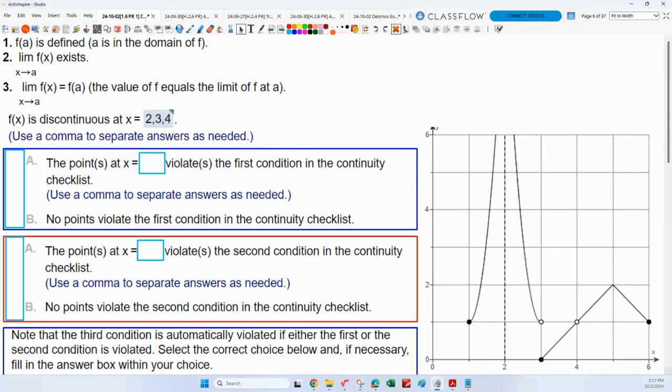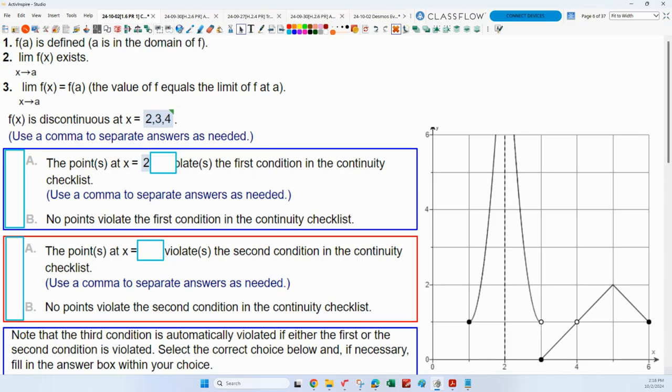Okay, now, they want you to determine, of those 3 discontinuities, the points at x equals which values violate the first condition. The first condition is the function is defined. So in other words, we need to know where is the function undefined. Let's vote with our thumbs here. How about 2? Is the function defined or undefined? Undefined. So 2 needs to be one of those, right?